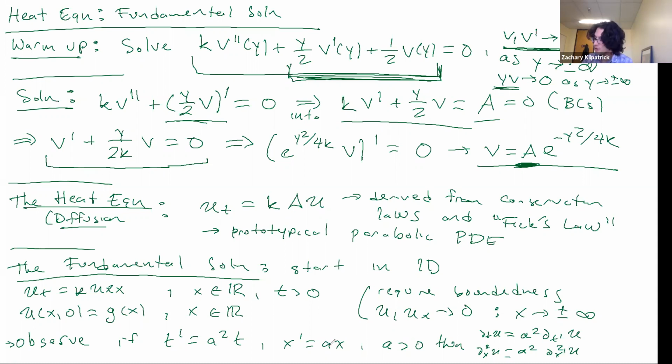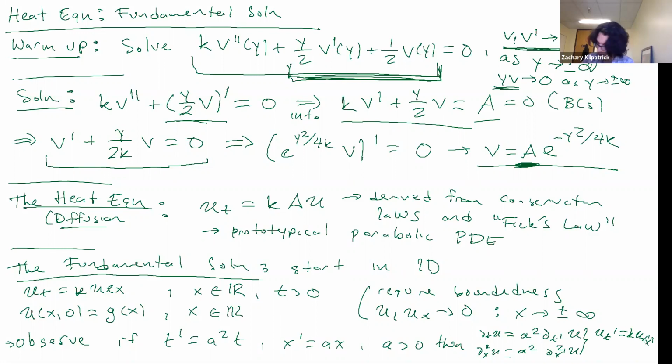So I can always rescale time and space in this way, and whatever was a solution in the original coordinates will be a solution in the new coordinates. So in the new coordinates, I have u_t' equal to k u_x'x'.